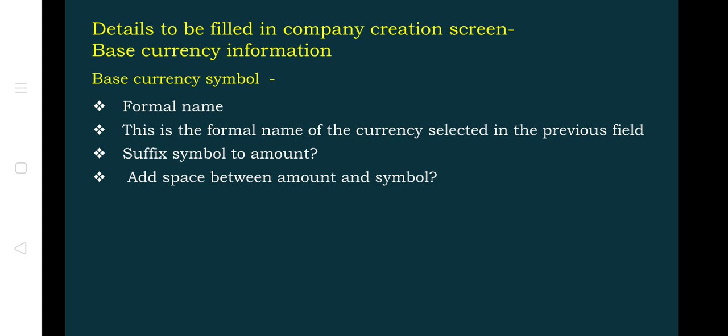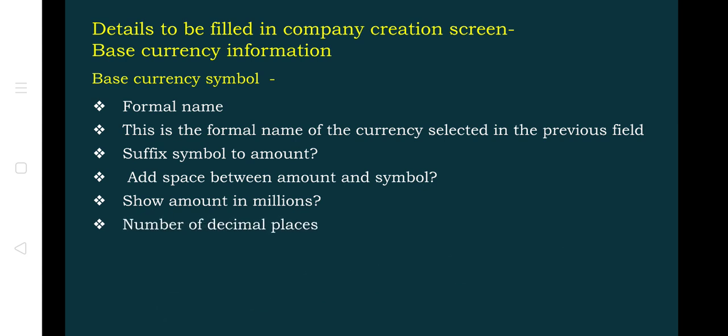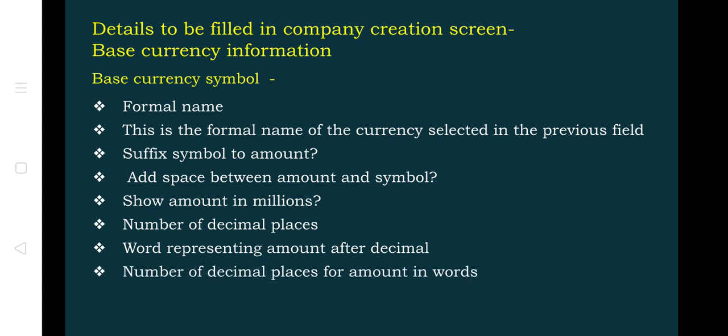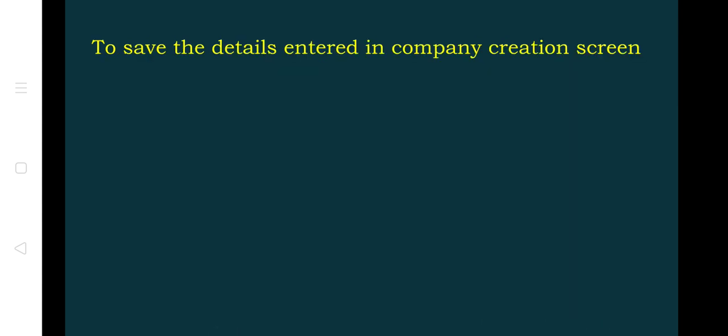Add space between the amount and the symbol. Show the amount in millions, the number of decimal places, and the words representing the amount after decimal. Next is the number of decimal places for amount in words. So these are all the information to be given about the currency. This naturally gives the format of the currency we are going to use in the particular company.